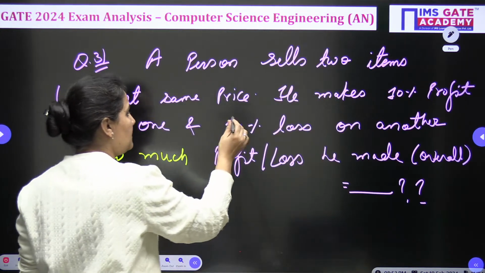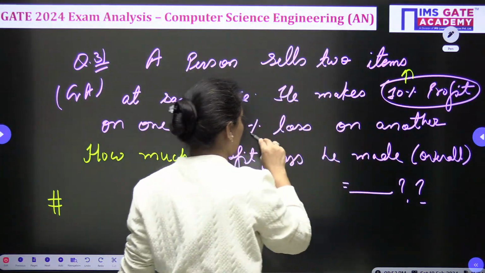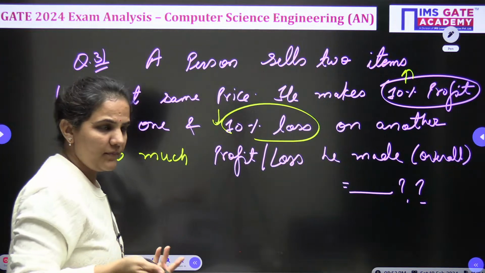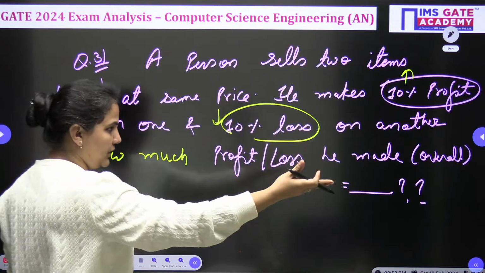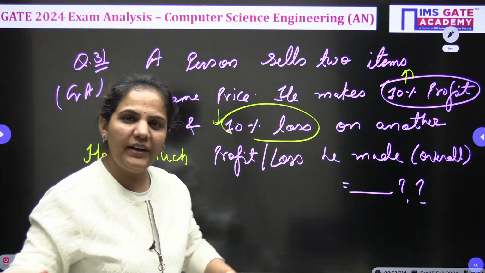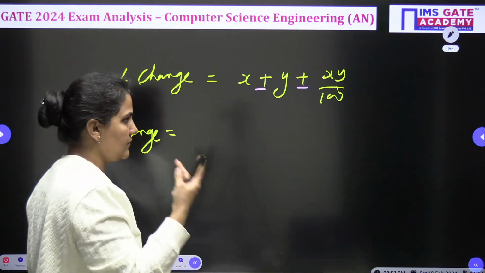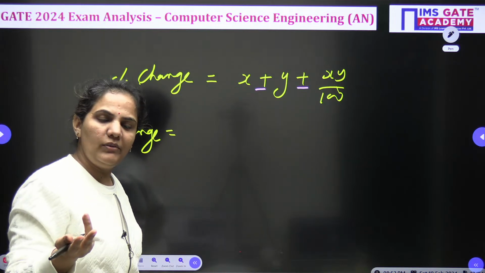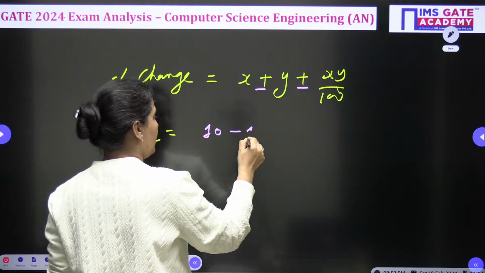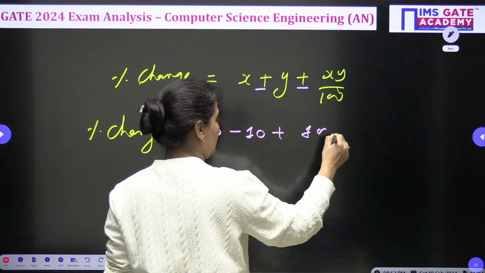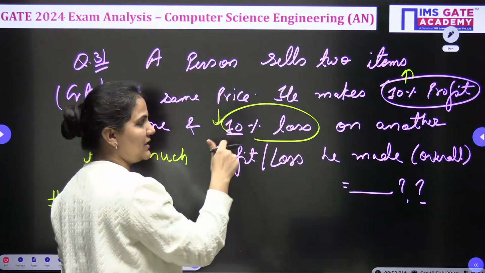Here, 10% profit is an increment, and 10% loss is a decrement. You want the ultimate percentage change only, so there is no need to use any other concept of profit, loss, or profit square. Directly, one is increasing and the other is decreasing. So it will be 10 minus 10 plus 10 into minus 10 by 100, since y is a loss.